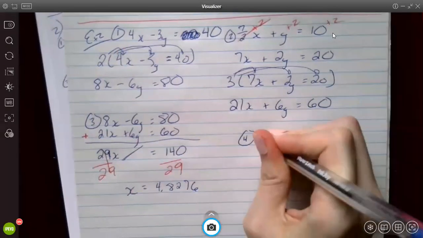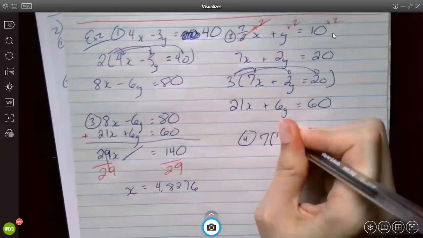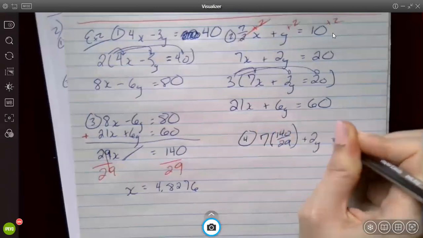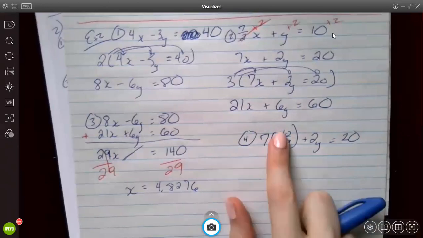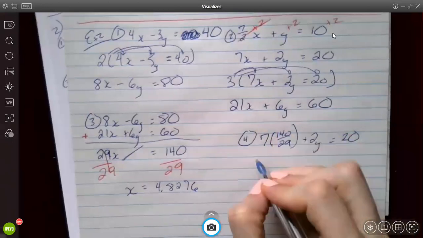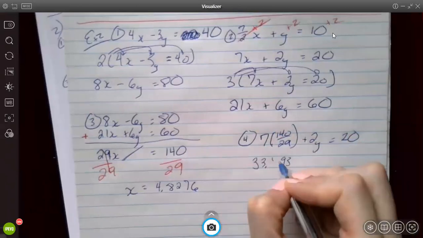So I'll do 7 times 140 over 29 plus 2y equals 20. And then 7 times that will give me roughly 33.79331.